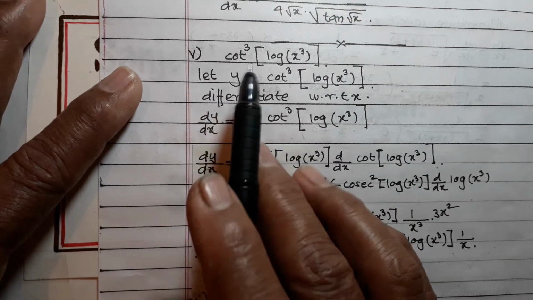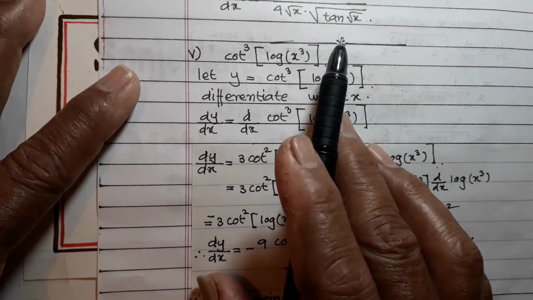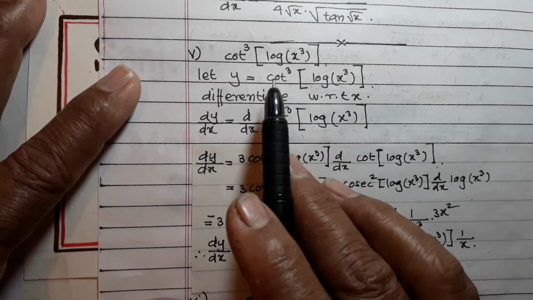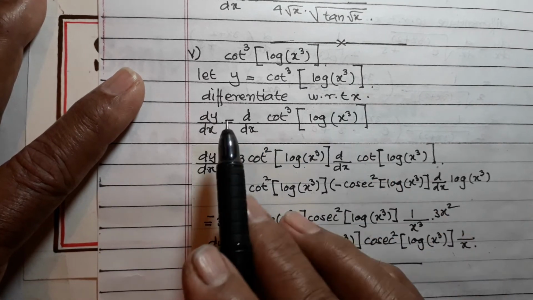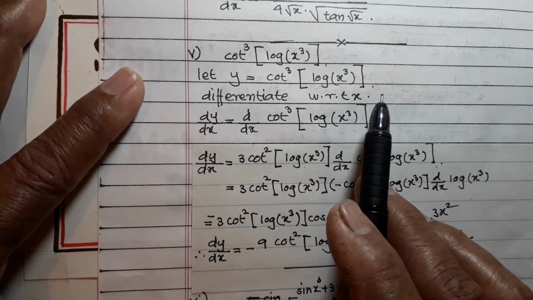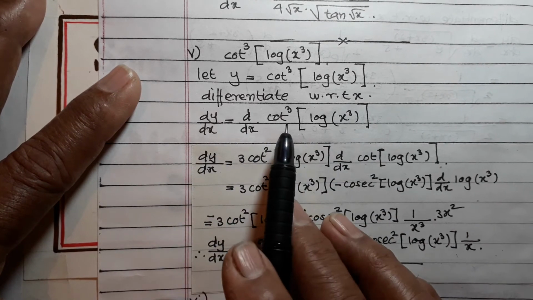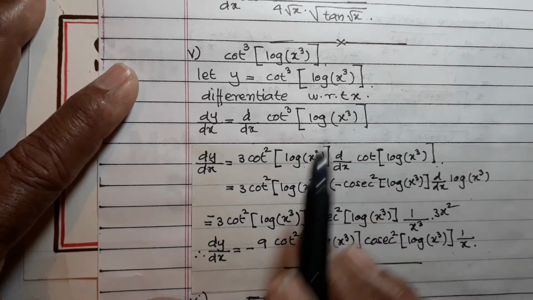Question number 5. Cot cube log x cube. Let y is equal to cot cube log x cube. Differentiate with respect to x. dy/dx is equal to d/dx of cot cube log x cube.